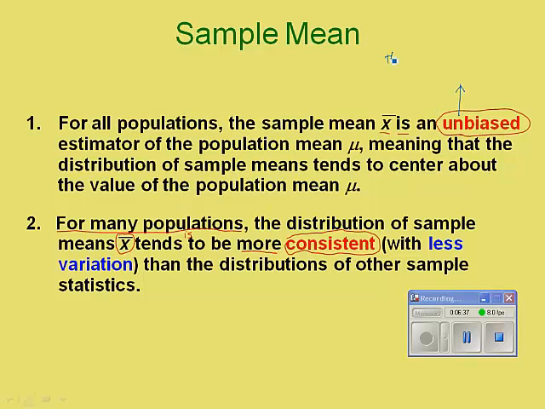Unbiased means the distribution of sample means is centered around mu.